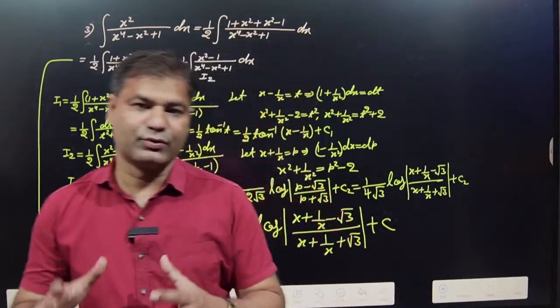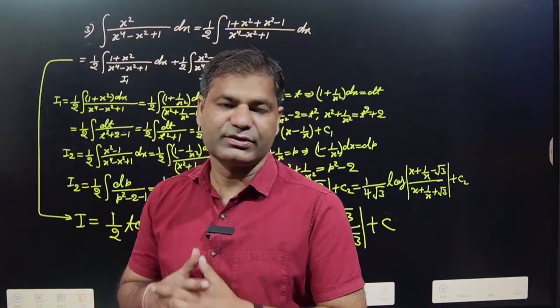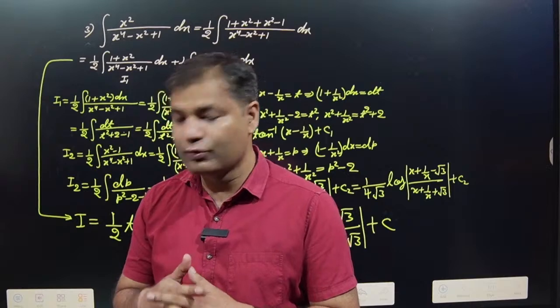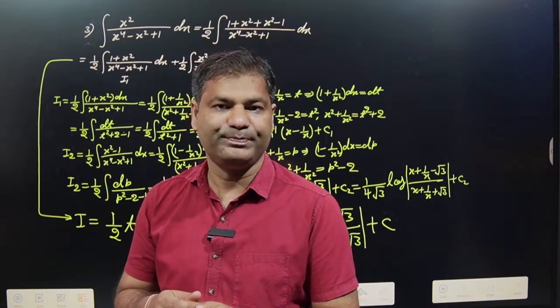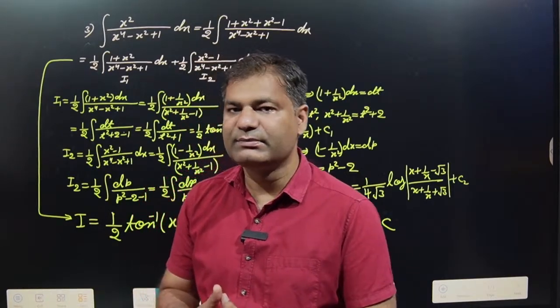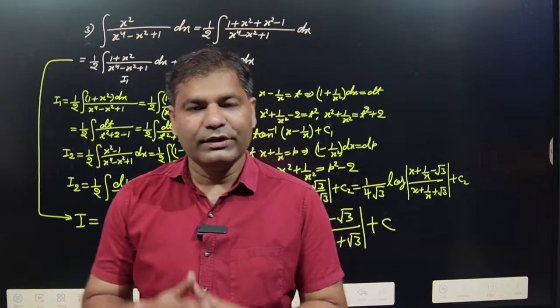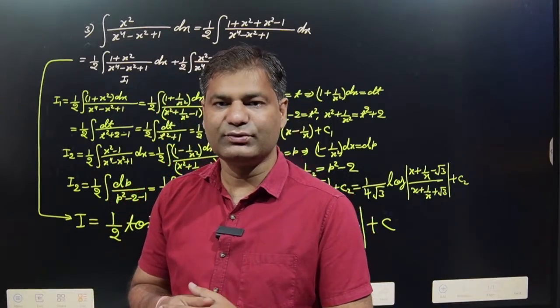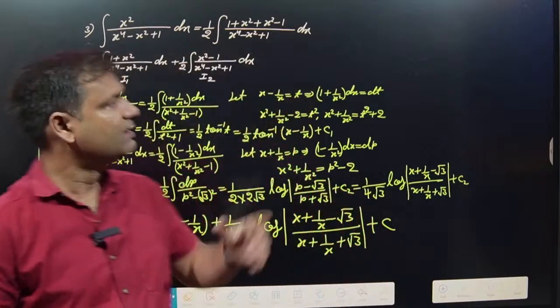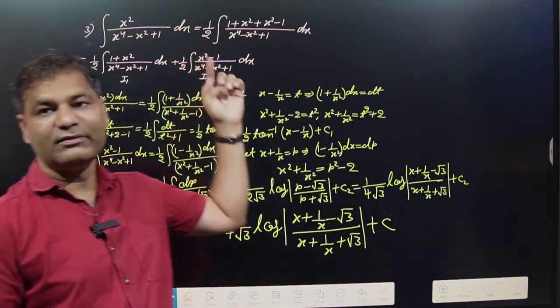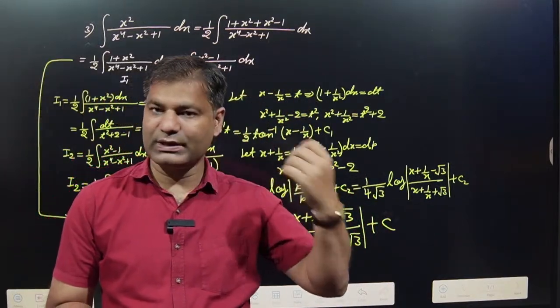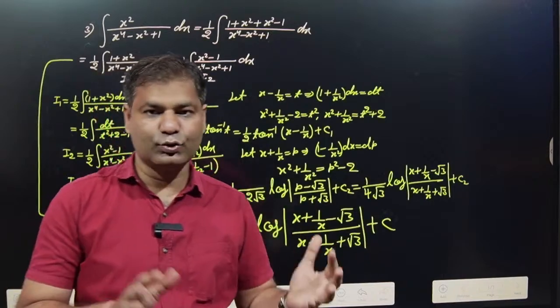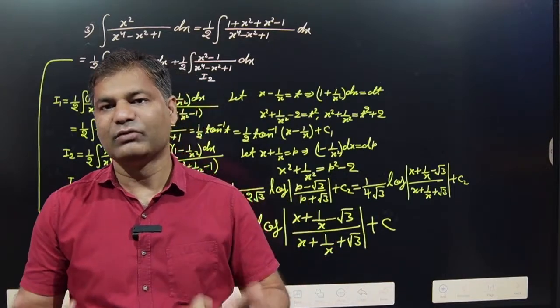Here the question is given: integration of x square upon x to power 4 minus x square plus 1. How can you integrate it? Simply multiply by 2 and divide by 2, so we get 1 by 2 into 2x square upon the denominator, adding 1 and subtracting 1.